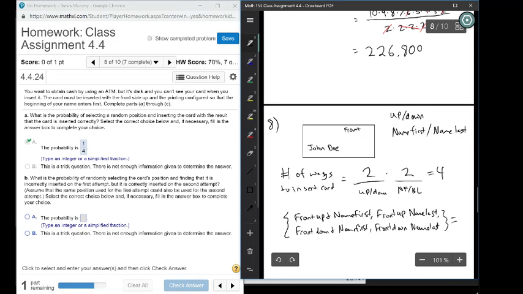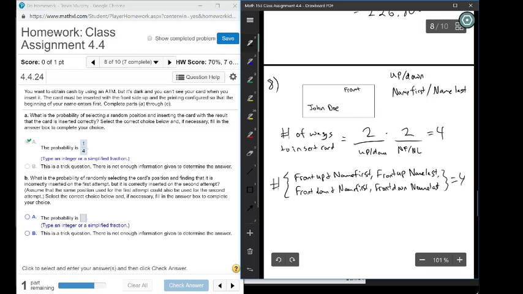So the size of that set is 4. And the only one that is correct, so the probability of correct insertion is front up, name first. So 1 out of 4.